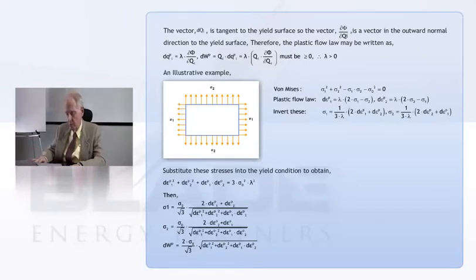And he writes down then the governing equations, and he uses, as he should, the normality condition in here. So he's using exactly what Hill uses. The only difference is his yield surface is drifting around. And as the stress moves, the yield surface has to move over. And it has to move so that the normal at the point where the stress hits the yield surface has to give the direction for the motion.